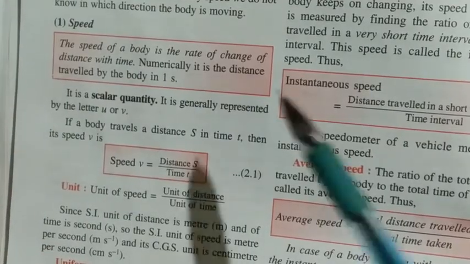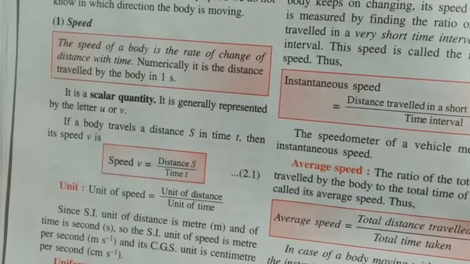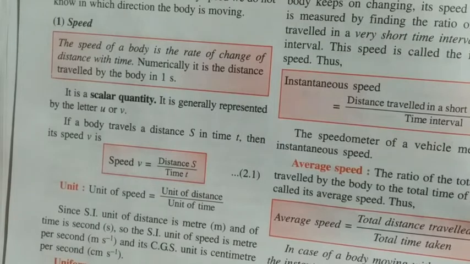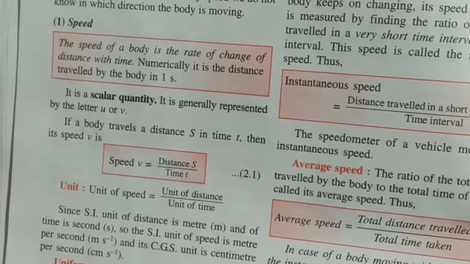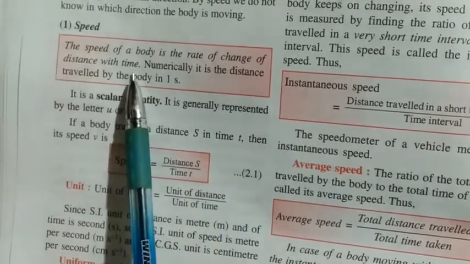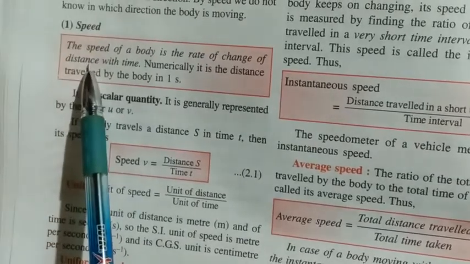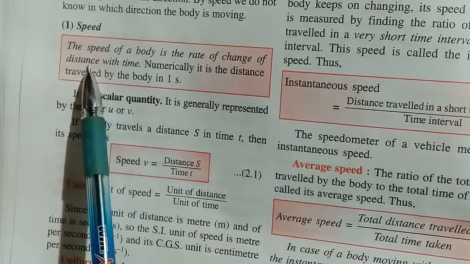Speed. For a moving body, speed is the quantity by which we know how fast the body is moving, while velocity is the quantity by which we know how fast the body is moving in a certain direction. The speed of a body is the rate of change of distance with time. Since distance is a scalar quantity, we have no information about the direction of the motion of the body.